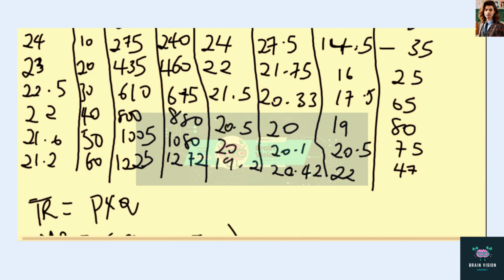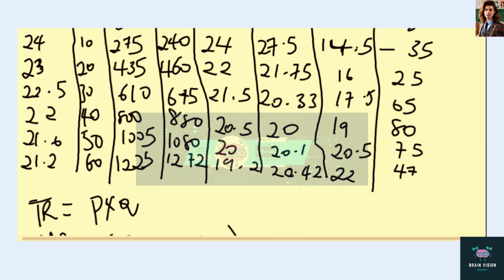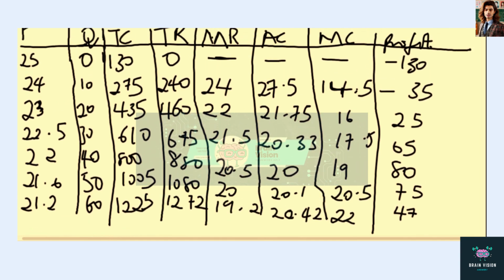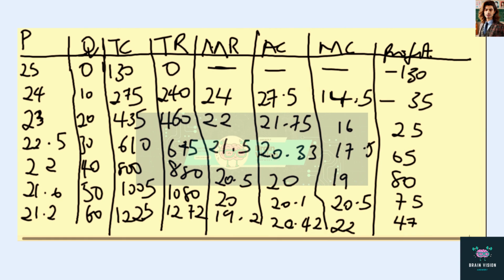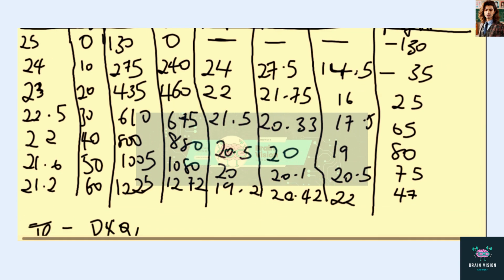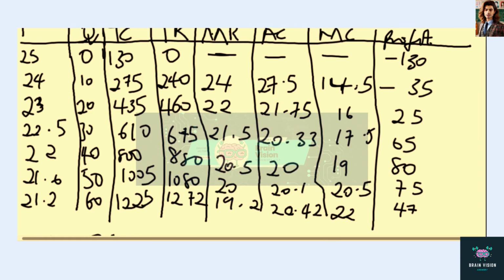I remember the question also asked, what is the profit-maximizing level of output, and how much will the firm earn in profit? We found the profit, so we have to find the maximization. If you go back to the question, when there are 40 treatments provided by the firm, the profit is maximum.